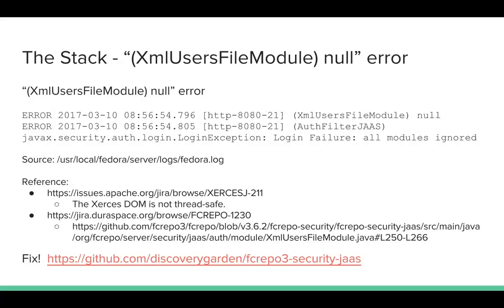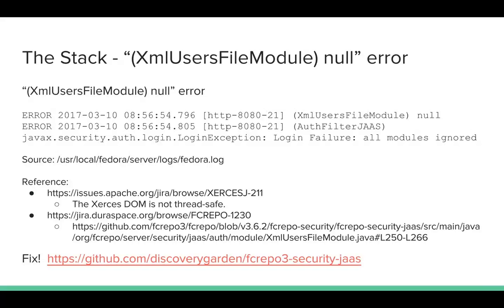Generally, when this happens, it can cause your Fedora installation to destabilize, and the only way to get it working is to restart Fedora. Or you might see that Solr stops updating. If you check your Fedora log, you're going to see this error message over and over again.